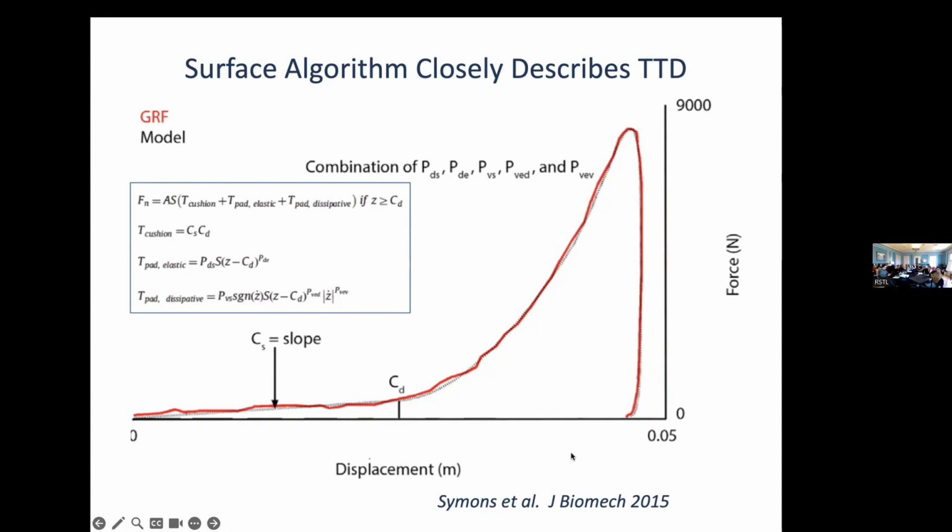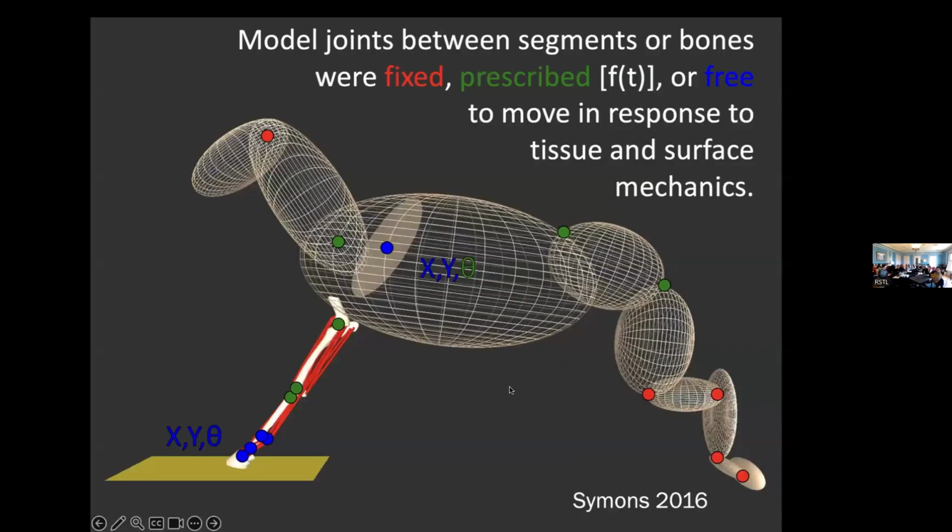What that allowed us to do was to incorporate the behavior of different surfaces in a musculoskeletal model that we have of the forelimb, in which we state the initial conditions, the horse is now moving at this velocity, and then forward dynamic simulations tell us what happens to the limb when it interacts with these different surfaces.